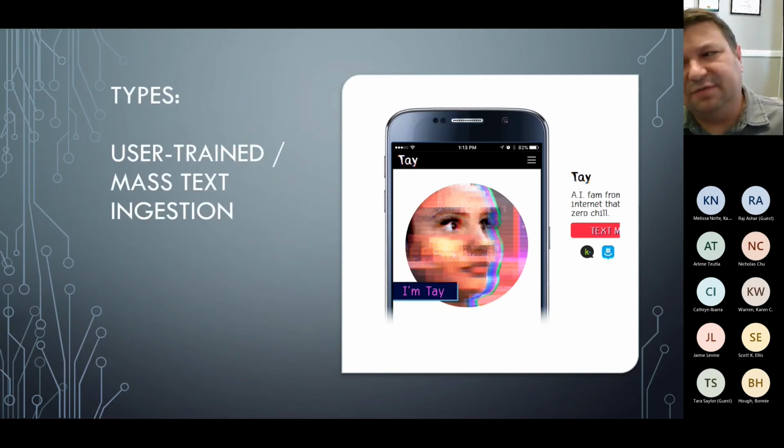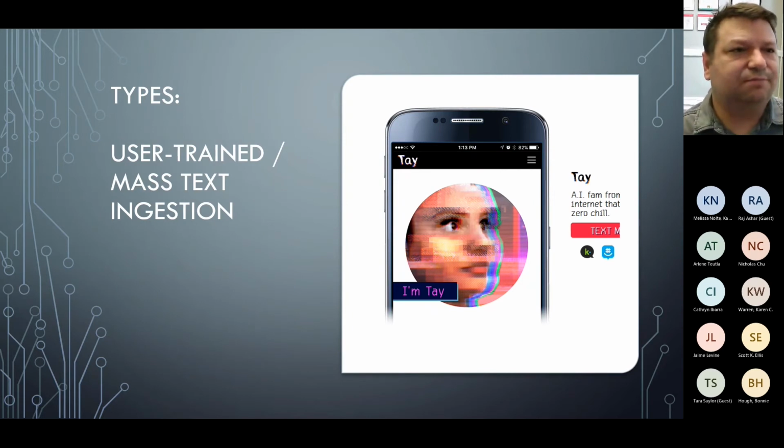Let's talk about types of chatbots. So one type is a user-trained or a mass text ingestion chatbot. So these bots basically, they're not really configured that much by their administrators or designers on specific tasks or specific sequences.